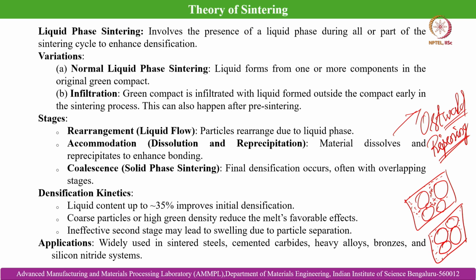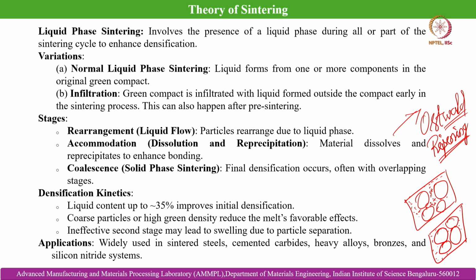So, liquid phase sintering is also a special kind of sintering. So, we basically do liquid phase sintering to derive the benefit of bringing down the sintering temperature, and also to enhance the sintered density by promoting the sintering kinetics and also the densification mechanism.